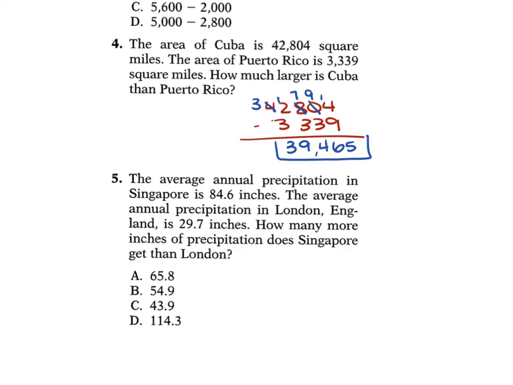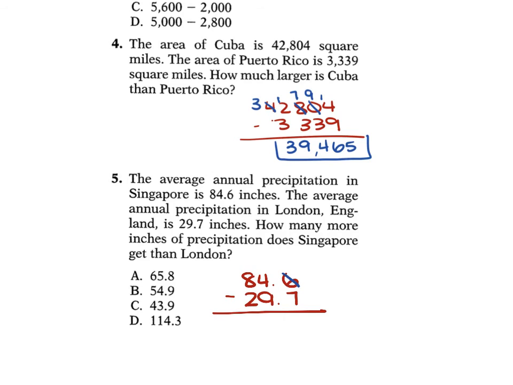5 says the average annual precipitation in Singapore is 84.6 inches. The average annual precipitation in London, England, is 29.7 inches. How many more inches of precipitation does Singapore get than London? So we're going to do the subtraction here of 84.6 minus 29.7.